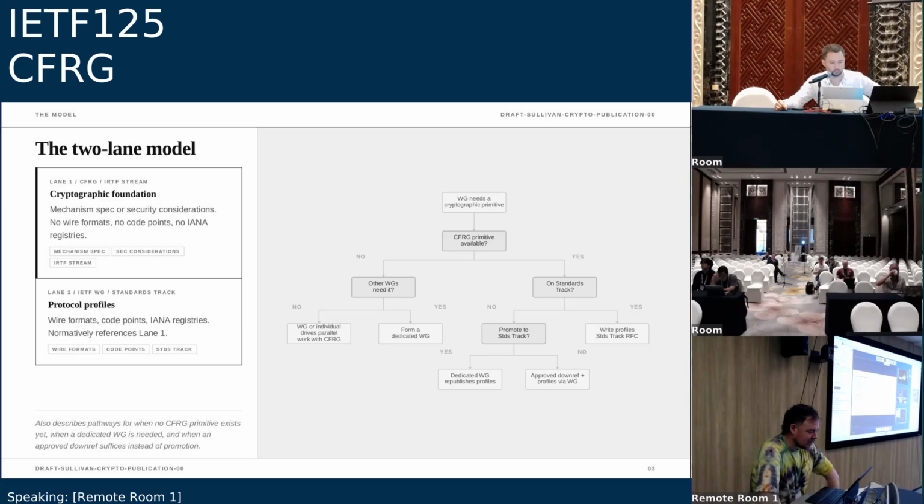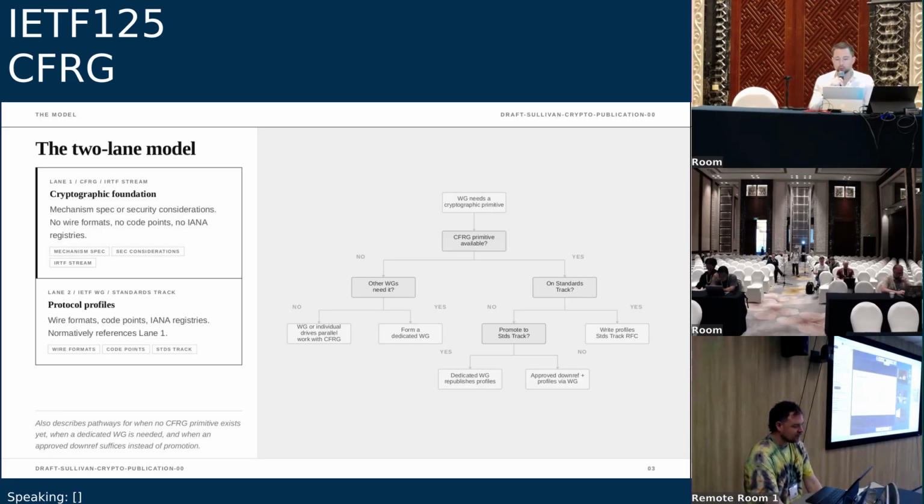And the goal of this is to collect some of the pathways that have worked well and to provide them in a way that allows, whether it's working group chairs or anybody who needs a new cryptographic primitive, a pathway to having the entire IETF adopt and agree on how to use such primitive.